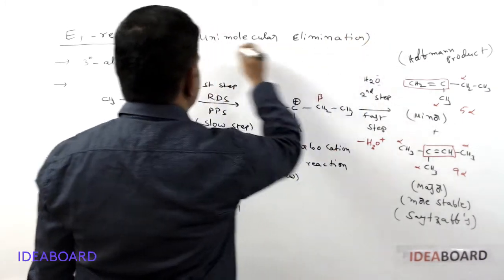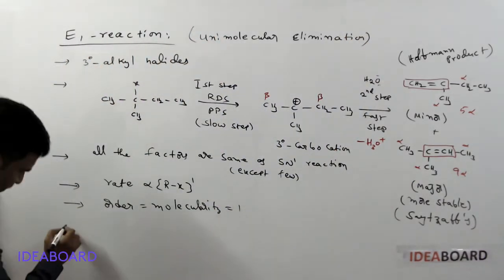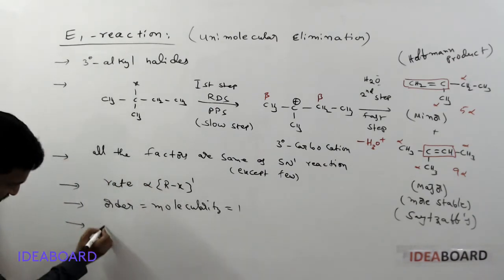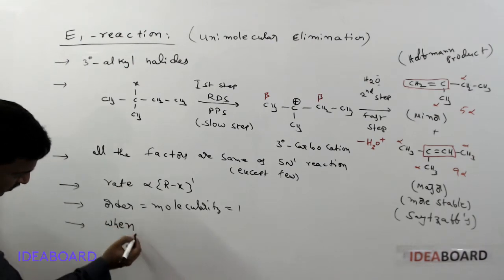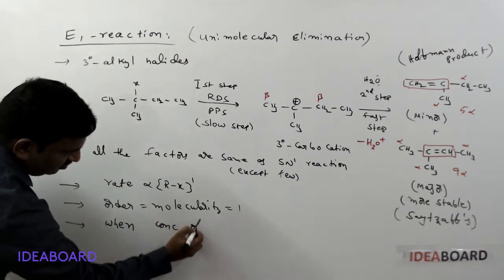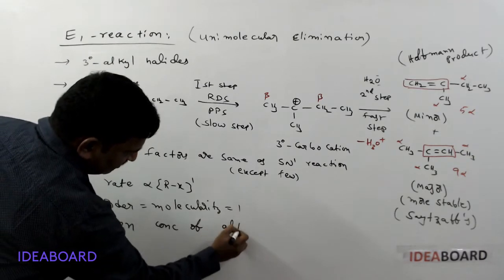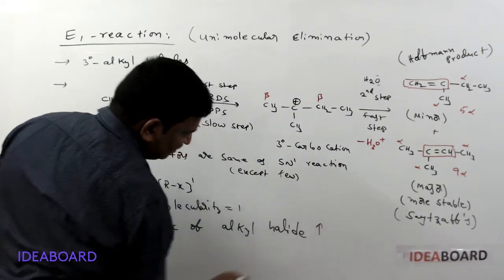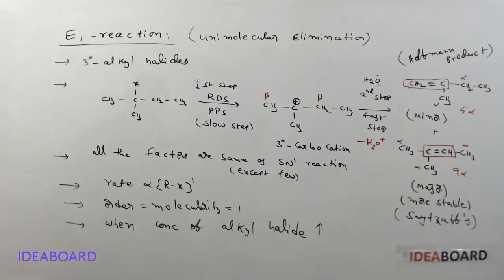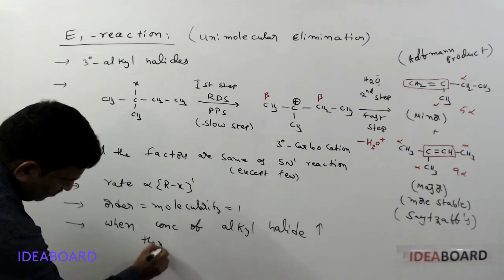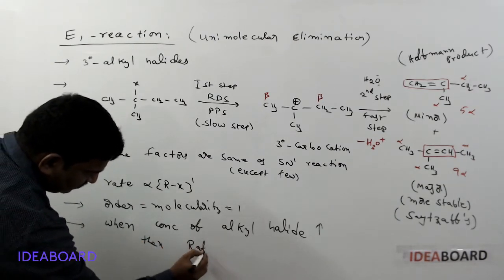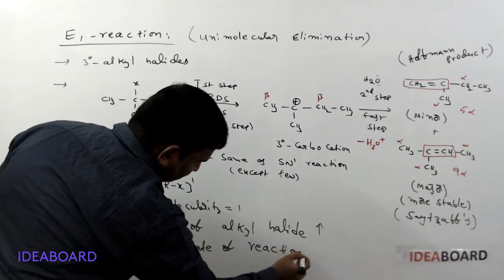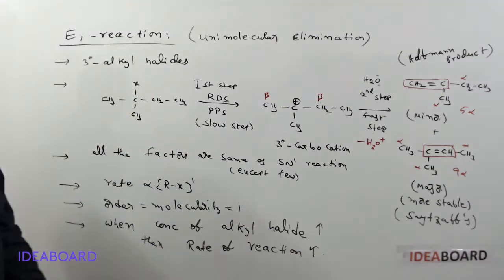Unimolecular elimination reaction. Next point: here the rate equation depends on the alkyl halide concentration only. When the concentration of alkyl halide increases, the rate of reaction increases.